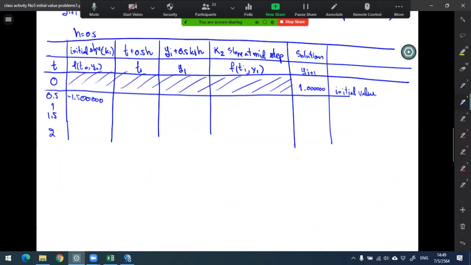Okay, and then we would like to solve the position at mid-step. So the step size h is equal to 0.5. So at mid-step it should be 0 plus 0.5 multiplied with 0.5. So it becomes what? 0.25, right?